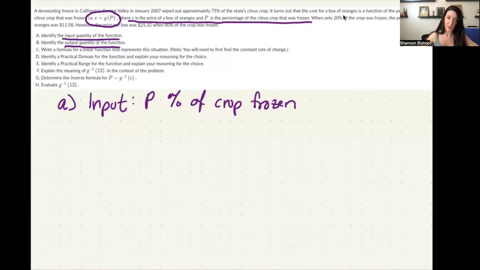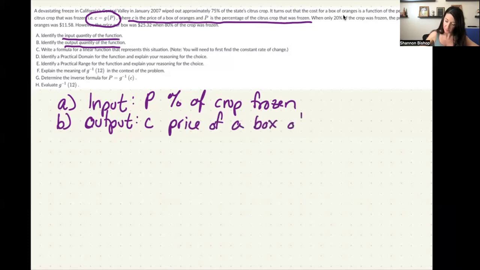And then the output variable, as mentioned, is the letter C. So the output is C. And what that stands for is the cost of the crop, so the price. And specifically, it's of a box of oranges. All right, so just identifying which is which is a very important starting place.